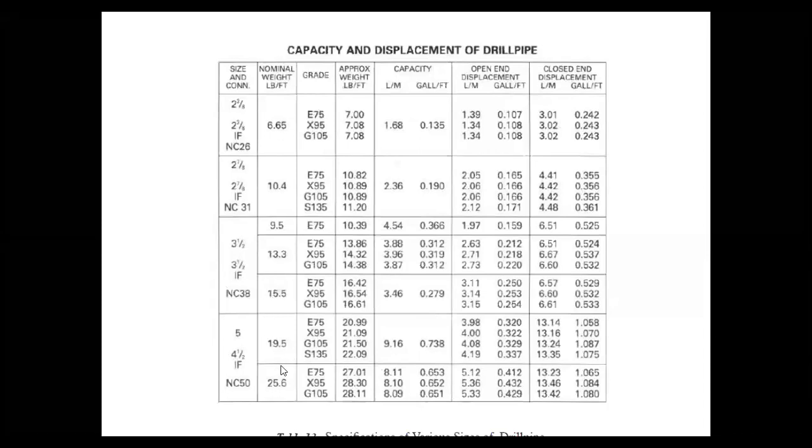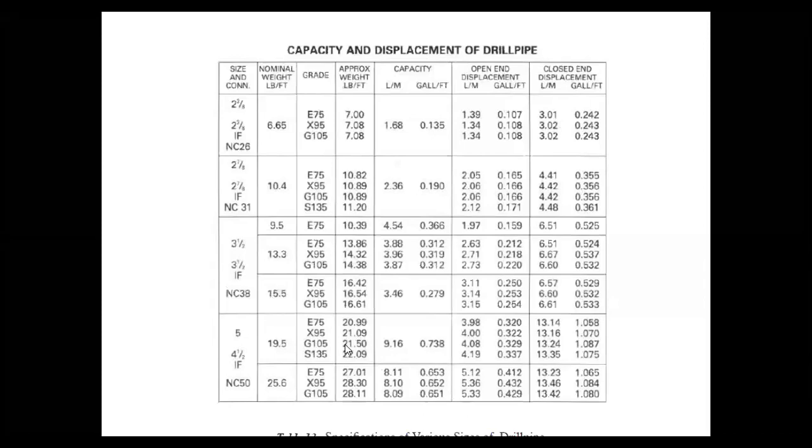There are two different weights, but the one in our example is 19.5. And the second thing we are looking for is a G grade pipe. When we have the G grade pipe, 19.5 nominal weight, the overall weight per foot is 21.5.